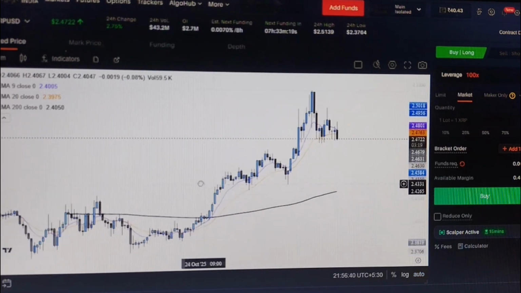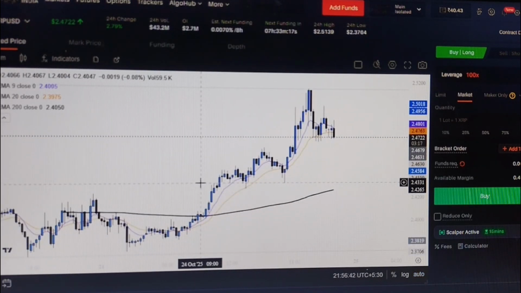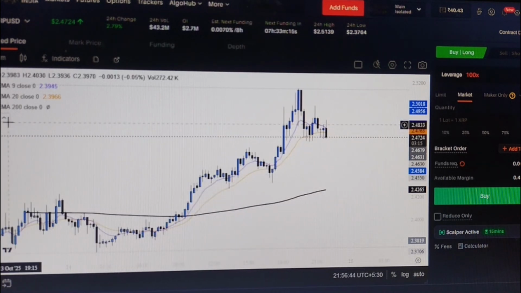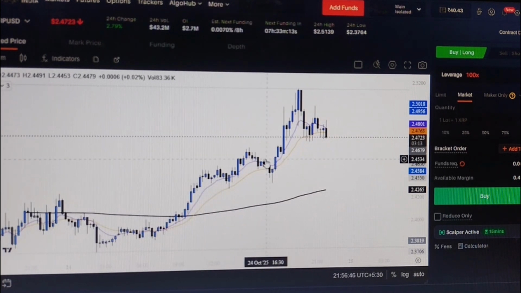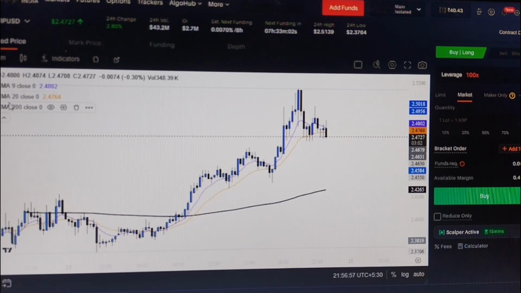As you can see, my trading strategy is very simple. Here I have a few moving averages set up: the 9 EMA, the 200 EMA, and the 20 EMA.